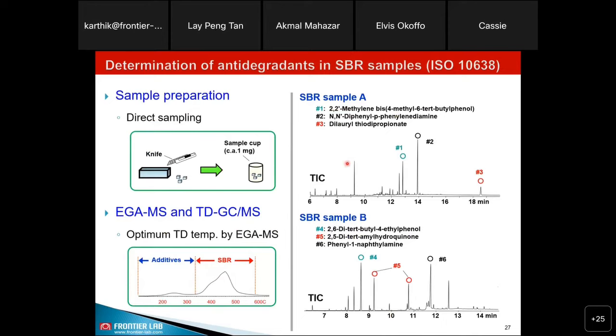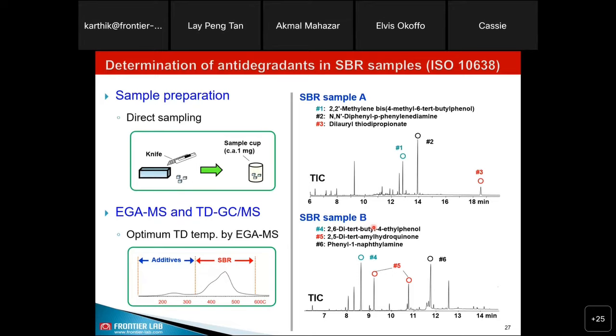So two types of SBR sample have been analyzed for this application to show the usability of this technique. The first material has got three different types of anti-degradants, and the second one has got, yeah, different ones. So you can see they are not the same. It's also something that you need to be aware of. So you have to choose the right material with the right type of anti-degradant present in your sample.